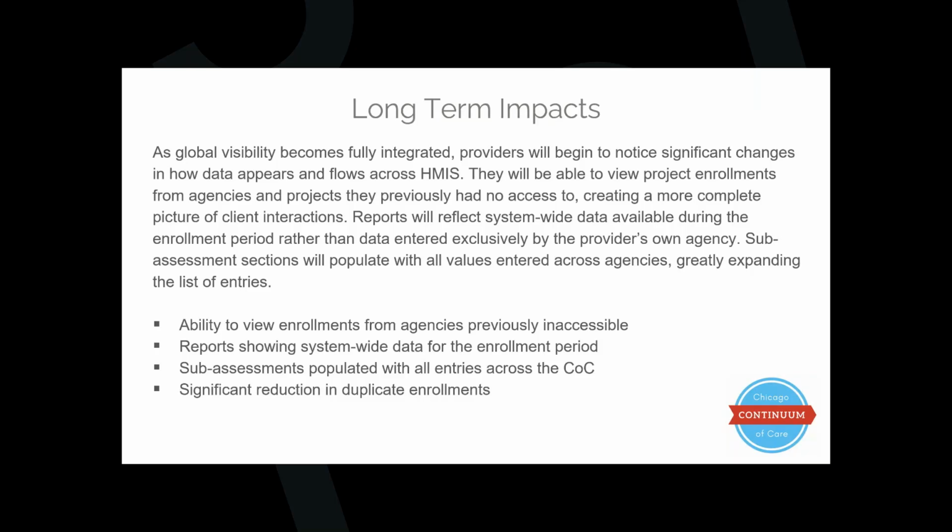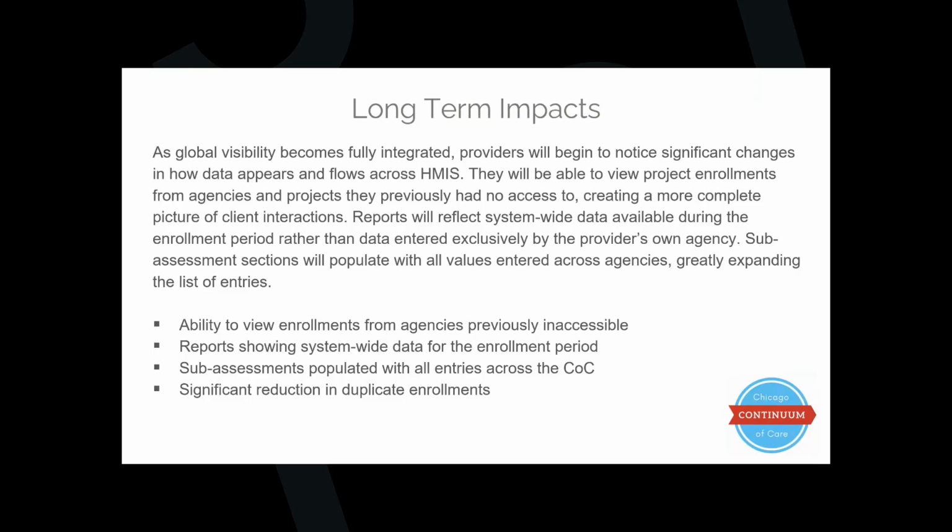So overall, the long-term goal is to give providers the ability to not have to re-enter data that was already entered into the system, and to view agencies that they previously didn't have access to view. So this time next year, you're going to have a more complete understanding of the history of your client.